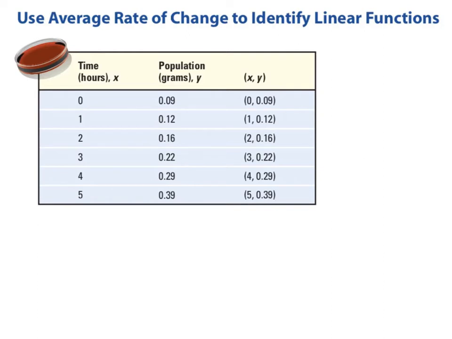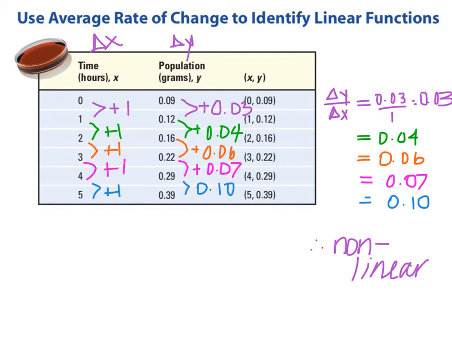So what we're going to do is find the change in y over change in x between at least 3 points. The first set of data points is time 0, time 1 hour, and that slope is going to be 0.03, because from 0.09 to 0.12, 0.03. And that is going to be from 0 to 1, so that's over 1 hour.